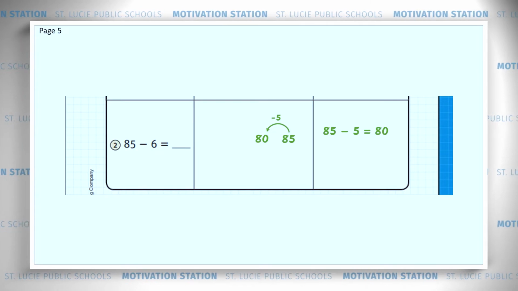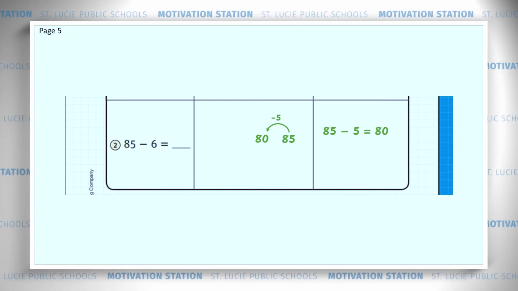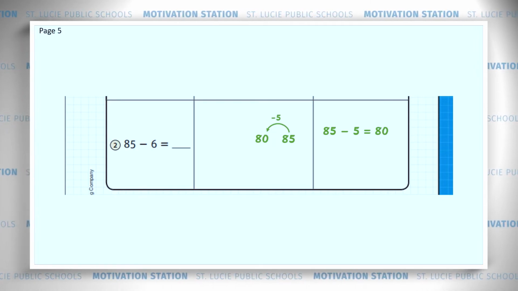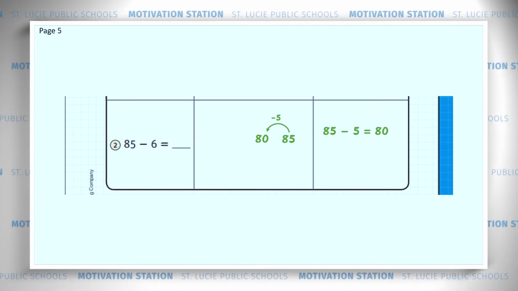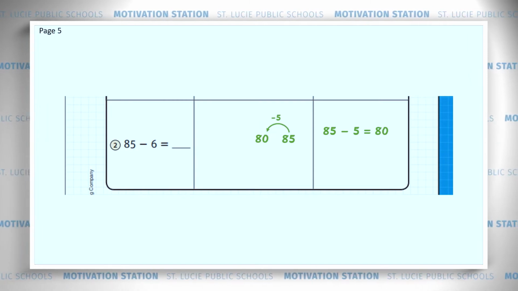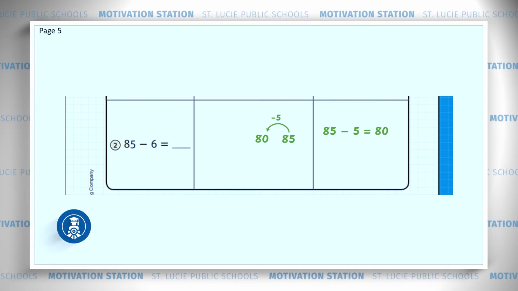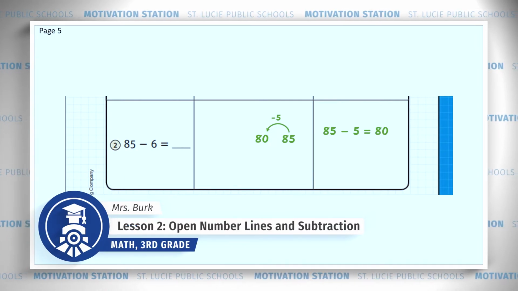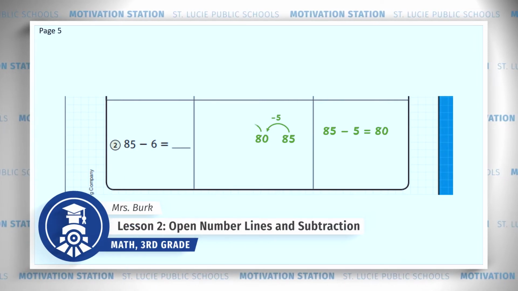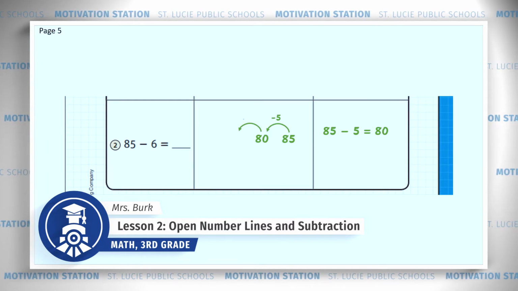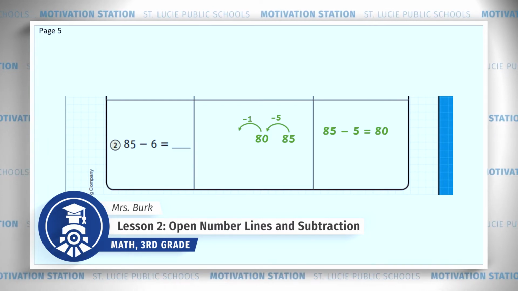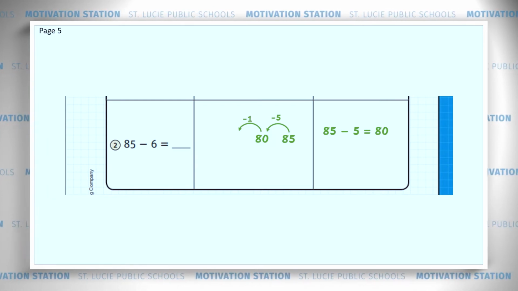After you write it down, think about, what is my next jump going to be? I've already subtracted 5, but I need to subtract 6. How many more do I need to take away? I need to take away 1 more, because 5 and 1 make 6.